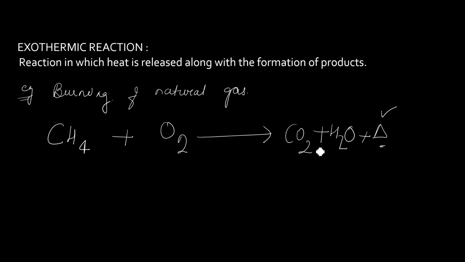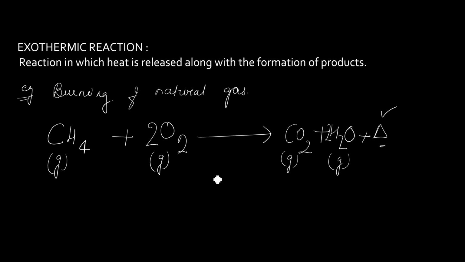Here we are getting 2 plus 1, so 4 oxygen, so 2 oxygen, 4 hydrogen, 1 carbon. So the reaction is balanced. Methane is in the gaseous form, oxygen is also gaseous, carbon dioxide is also gaseous, and water is in the form of steam.